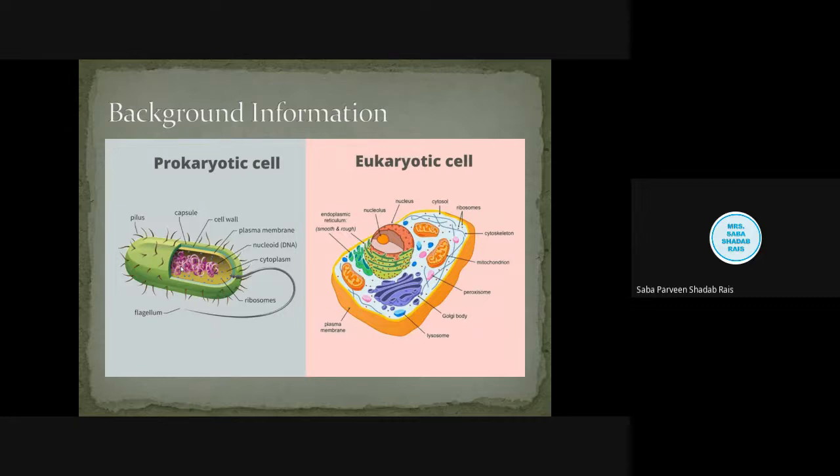Yeast is an example of a unicellular eukaryotic cell, but here they have to perform many functions. For that reason, they have many proper membrane bound cell organelles. We will not talk about the eukaryotic cell in this particular practical, but in the next practical we will be observing the eukaryotic cell under the microscope and we will study it.